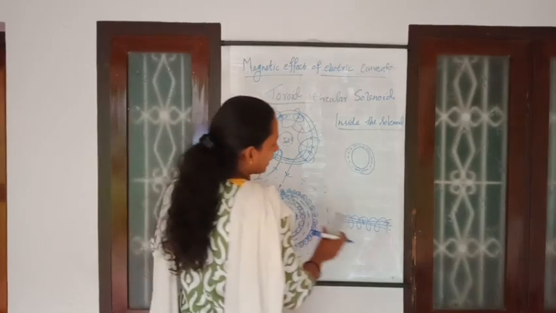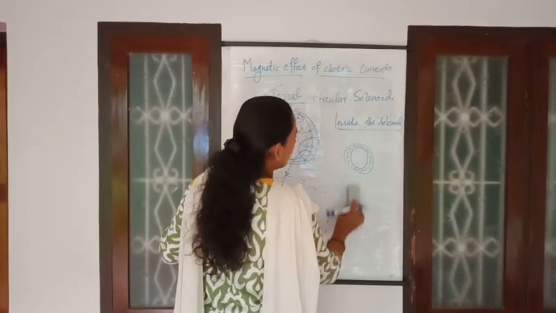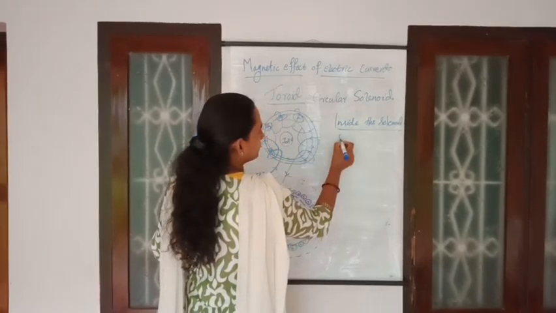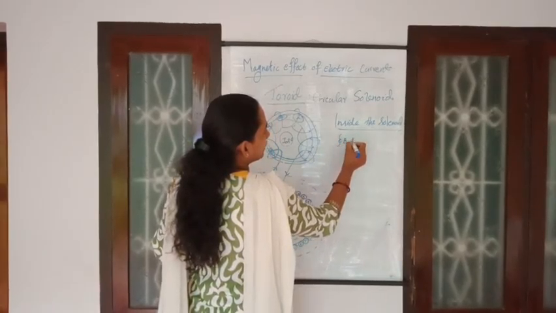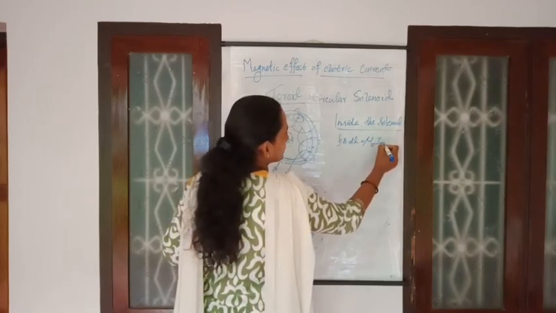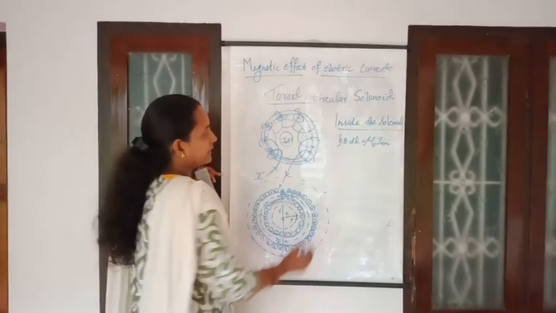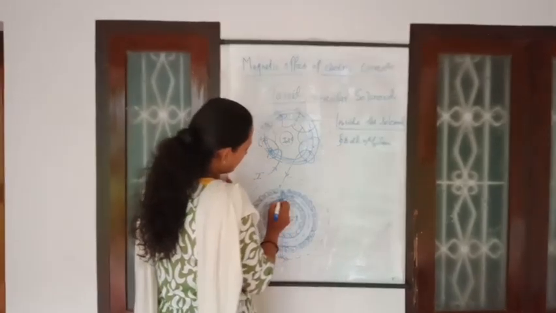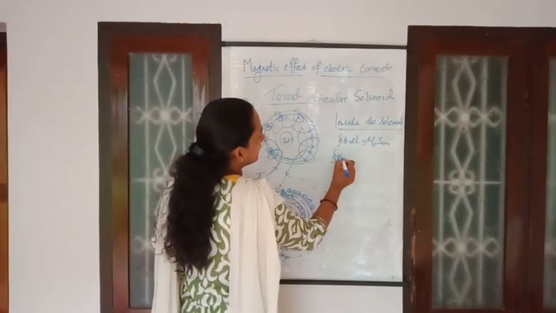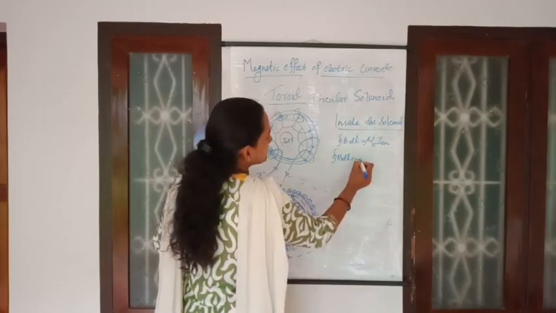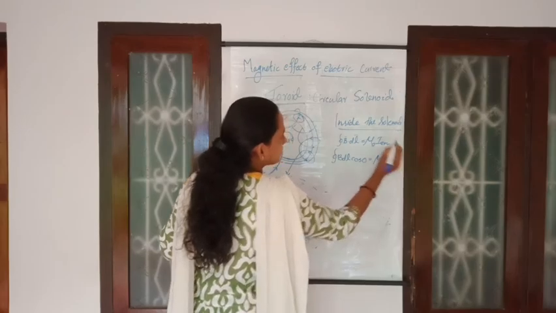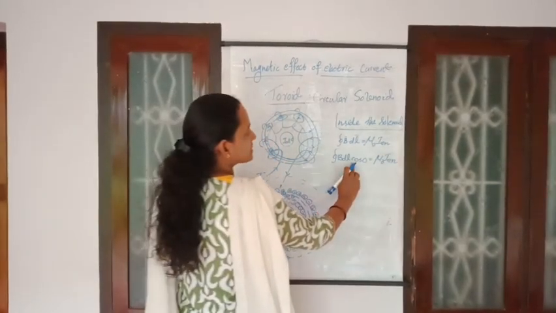So whenever you are applying Ampere's law, you can write the closed integral of B dot dl is equal to mu 0 times I enclosed. And B and dl are acting along the same direction. Therefore, it becomes closed integral B dl cos 0 is equal to mu 0 times I enclosed. But how much is cos 0?